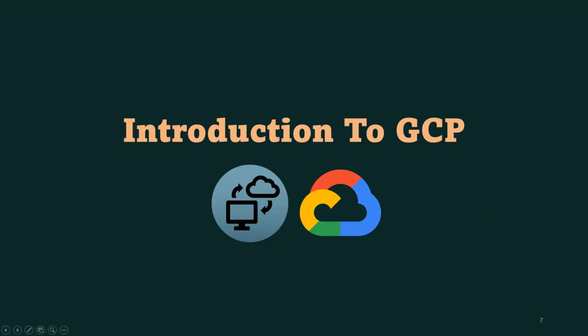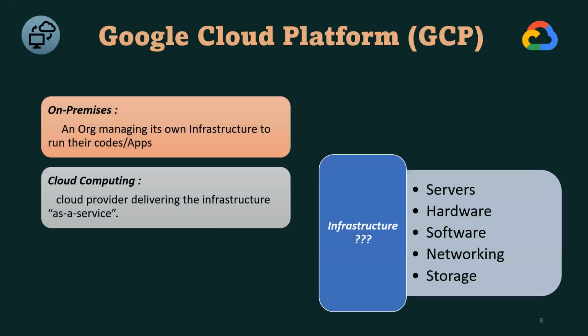Let me try to differentiate between the Google Cloud Platform and the on-premises working model. When you are working on-premises, in one word, an organization manages its own infrastructure to run its applications or code.